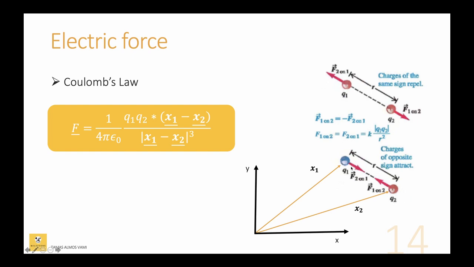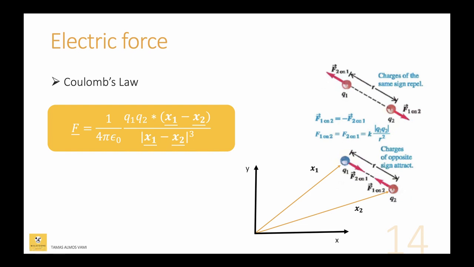So now, from our knowledge of vector calculations, let's calculate what this r is. I'm going to take, going from x2, q2, to x1, q1, I'm going to subtract x1 minus x2, which is this vector that shows from here to here. So that's why we have x1 minus x2 here.